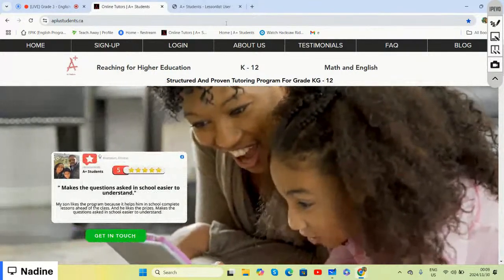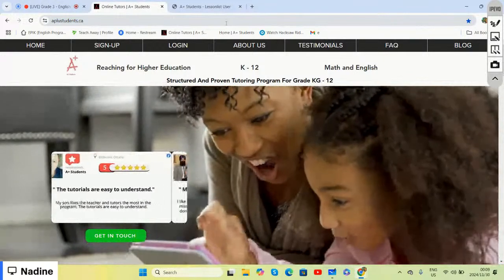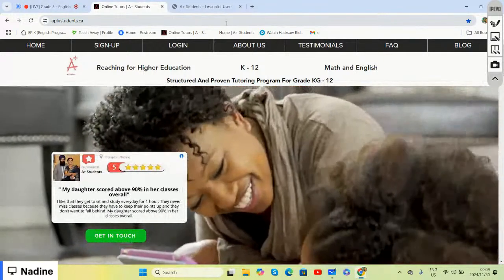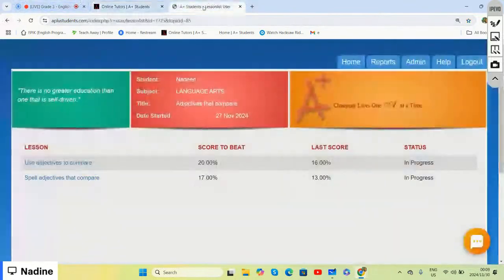We're doing grade three, and then we're going to scroll down until we get to our chapter of adjectives that compare.